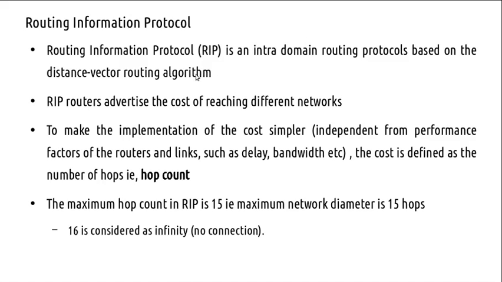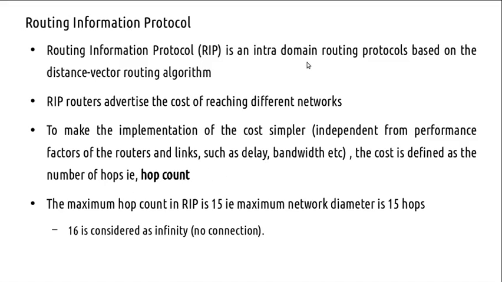RIP, our routing information protocol, is based on the distance vector routing algorithm we studied earlier. So here in addition to the next hop, we'll have a hop count. Next router we'll have a hop count also.